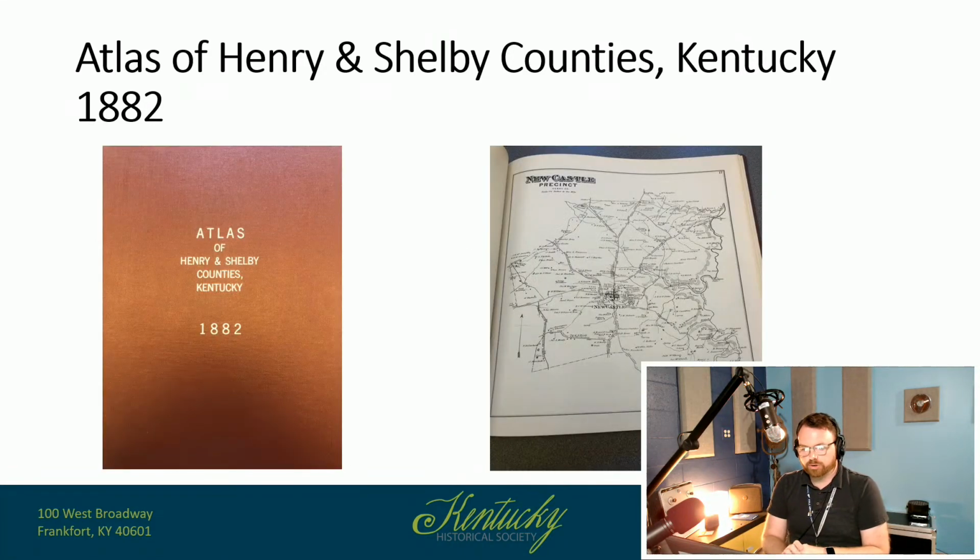And here's the picture of an example. That's the cover, and then on the left and then on the right. I know it's kind of hard to see, unfortunately, with putting pictures in these PowerPoints. They're not always easy to see fine detail, but this is an example of the Newcastle precinct, and there are names of homesteads and other information on the map, so it can be useful to pinpoint and find names.